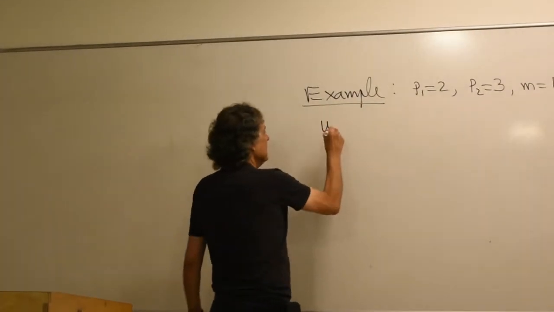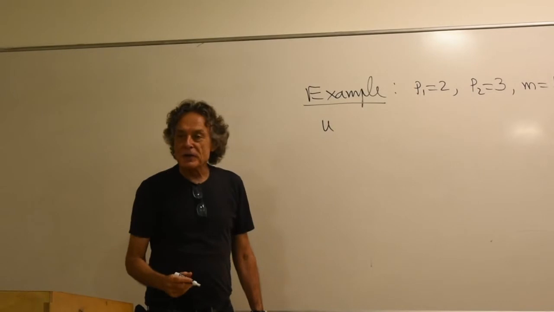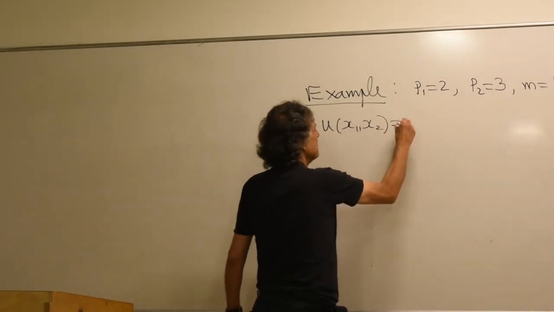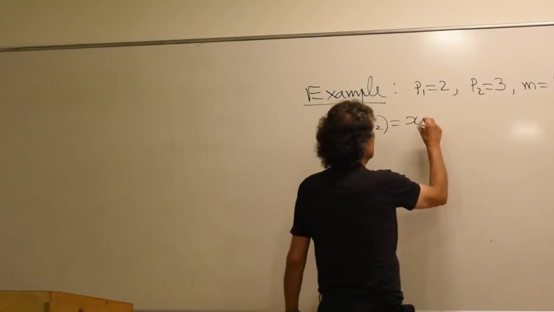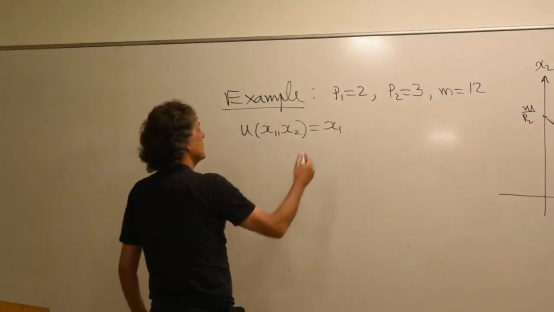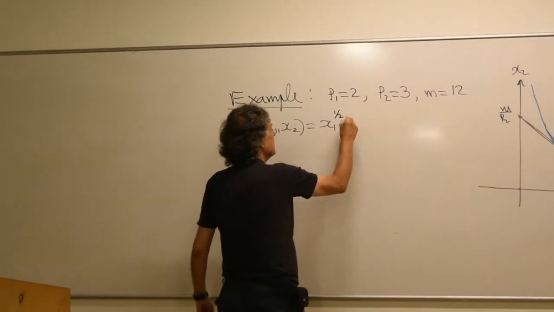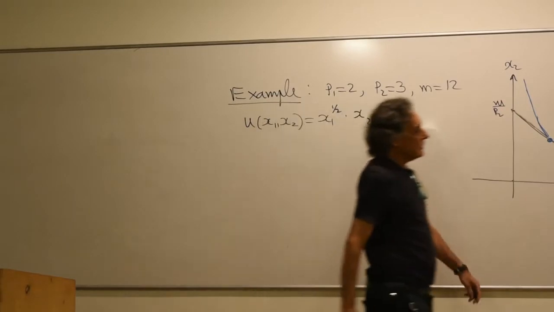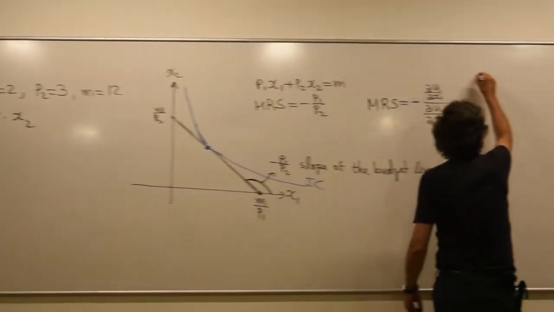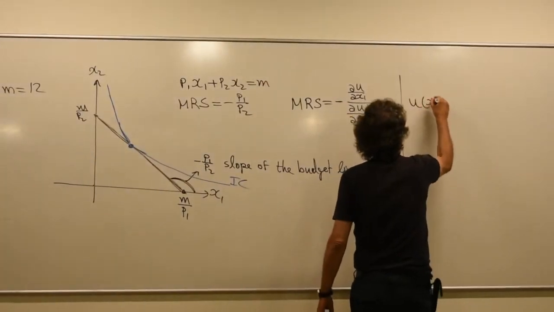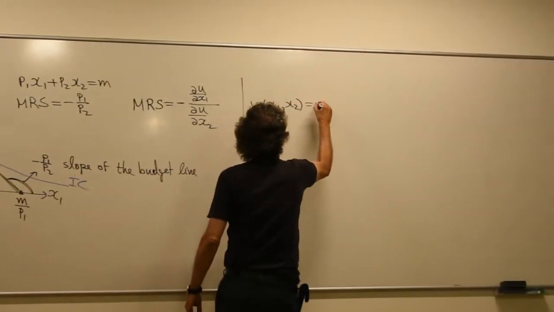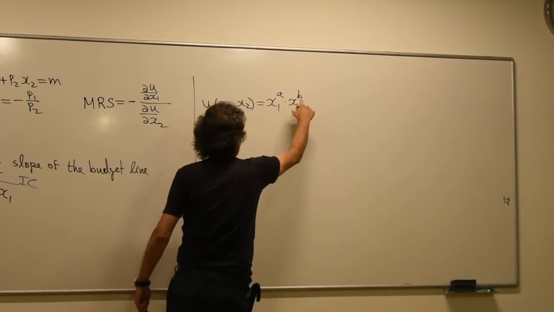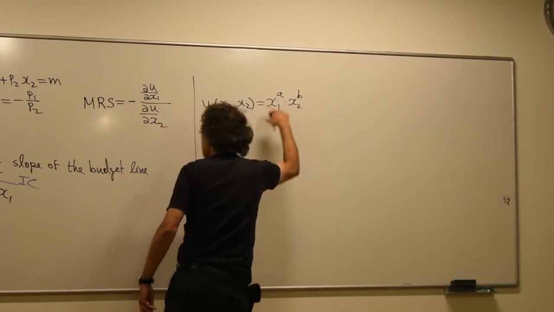And let's take a Cobb-Douglas utility function, u(x1, x2) equals x1 to the half times x2. Remember the Cobb-Douglas utility function: u(x1, x2) is x1 to the a times x2 to the b. So our b is 1, our a is 1/2.